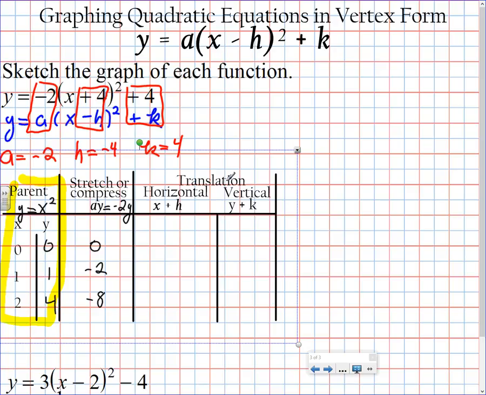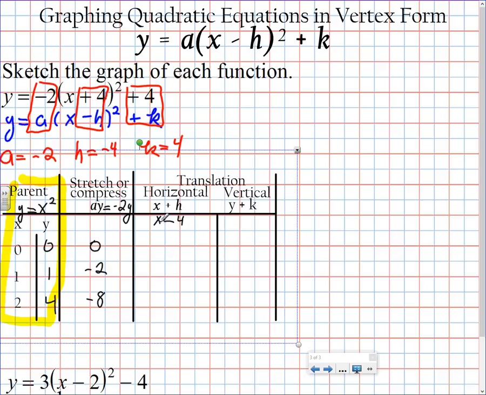Now translation in mathematics means I'm gonna move it. I'm gonna move it horizontally, and then I'm gonna move it vertically. For the horizontal movement, the formula is x plus h, and in this case, the h value is -4. So the problem becomes x minus 4.